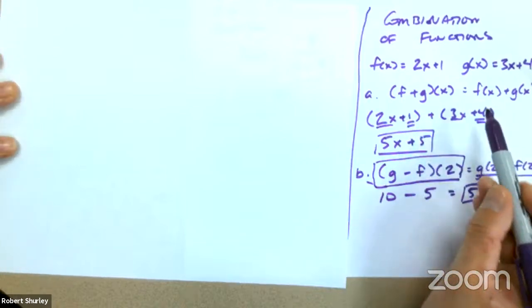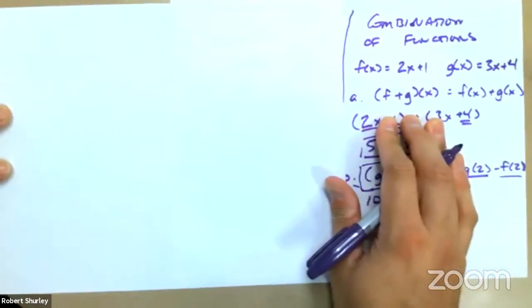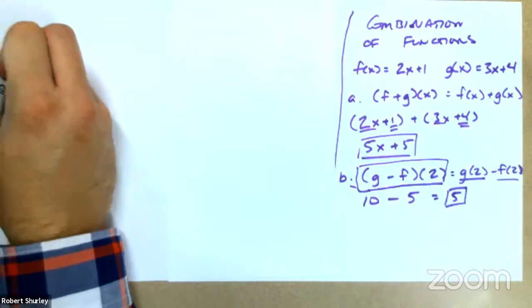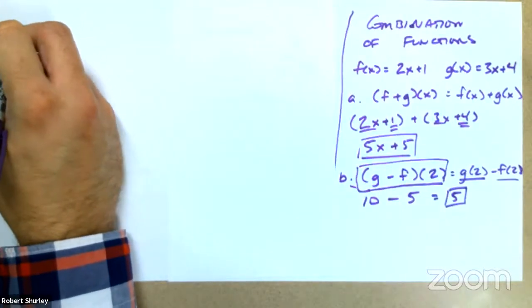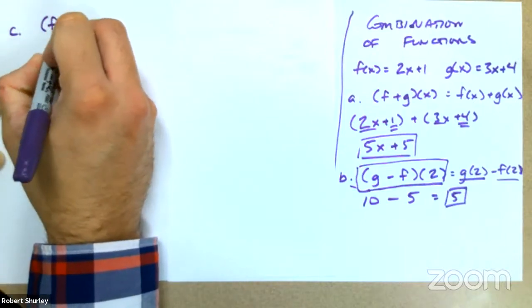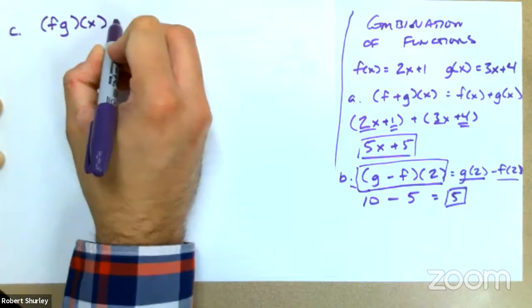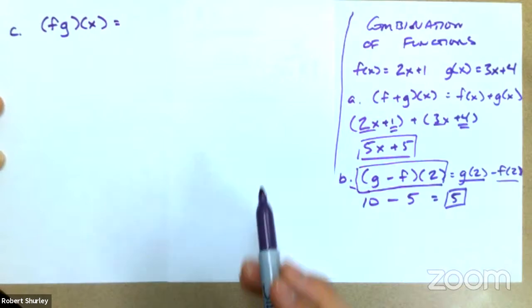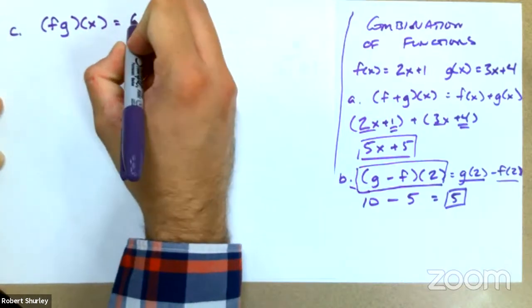So let's say for C, if I wanted to multiply these together, it would look like this, f g of x. That means multiply. So all we're going to do is multiply the two functions together.